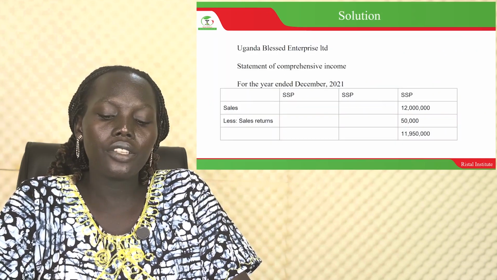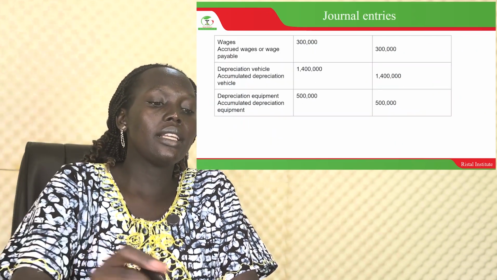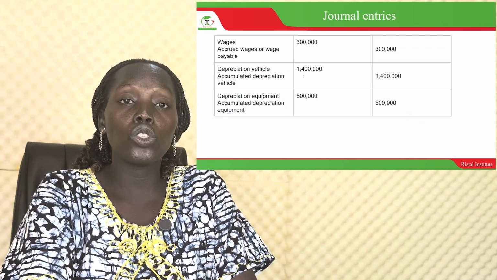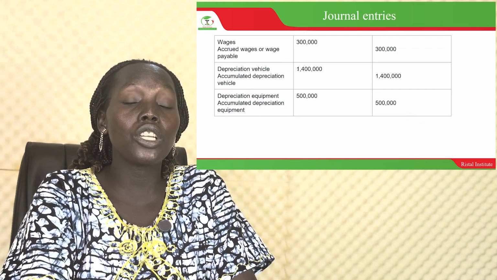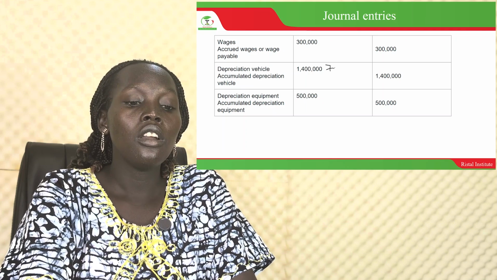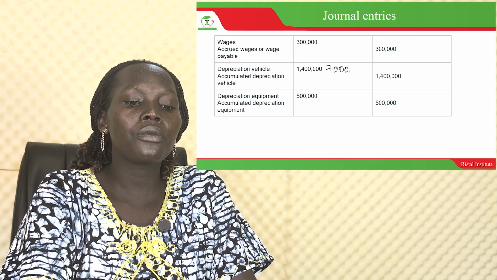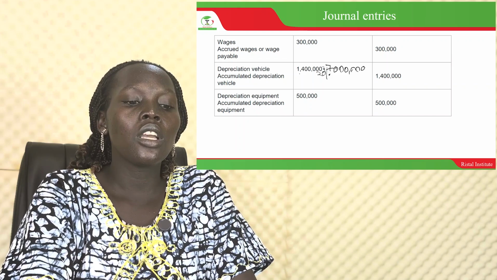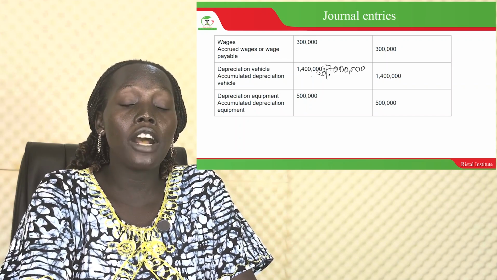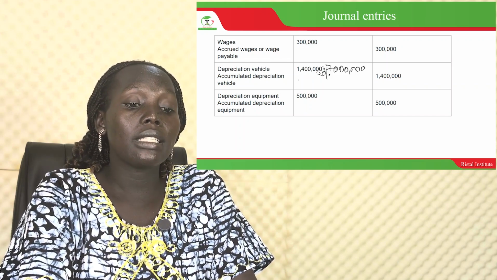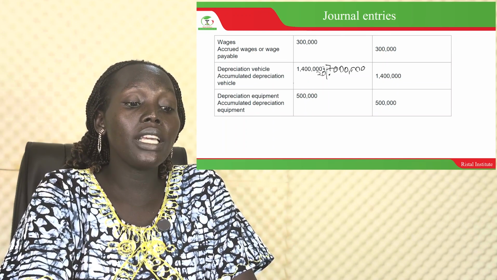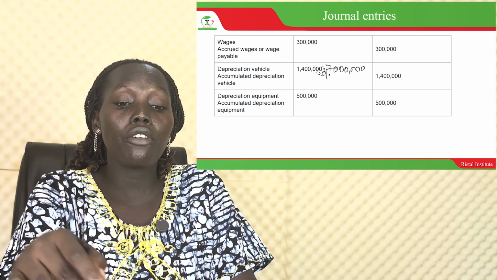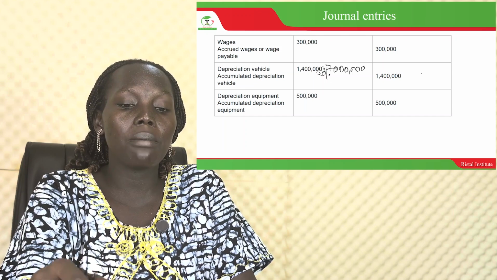So in our journal entry, we see that they're saying depreciation vehicle. When you take 20% of 7 million, you get 1,400,000 SSP. And then the accumulated depreciation for vehicle is the same amount, which we credit.